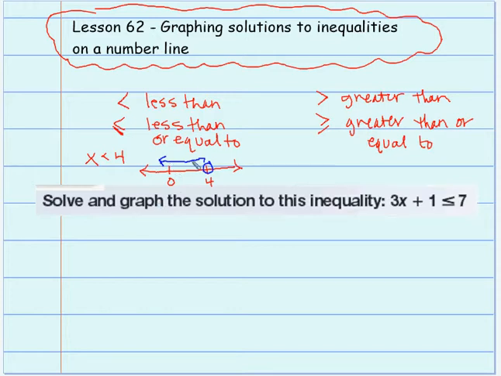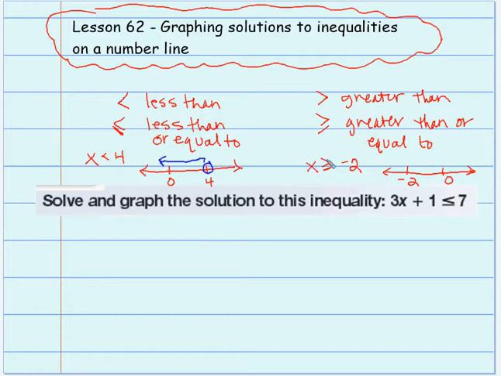Now let's do an example with greater than or equal to, just so you can see the difference in the graphs. So what if x is greater than or equal to -2? Again, draw a number line. We're going to put a 0 for reference point and -2.